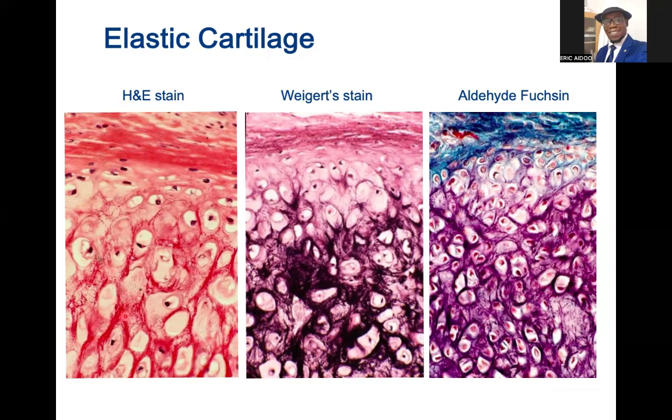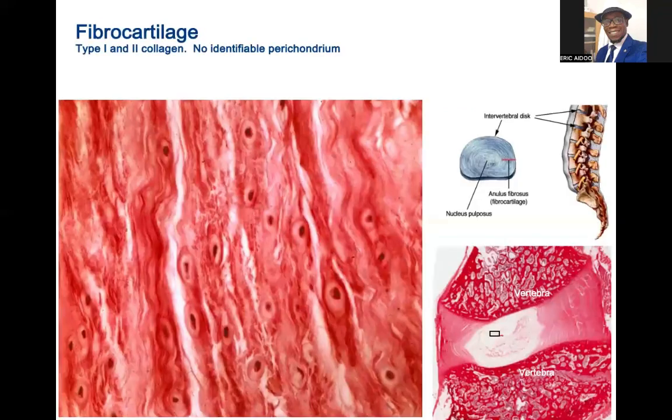And always look at the background for fine mesh-like extensions. And then this is a Weigert stain, which is also giving the elastic fibers an even darker color. And that's the aldehyde fuchsin stain, also giving it this appearance. So that's for elastic cartilage.